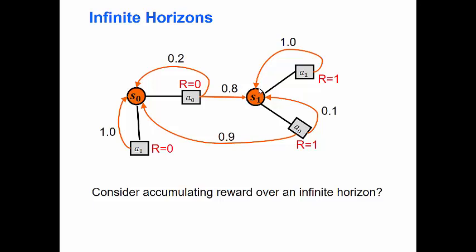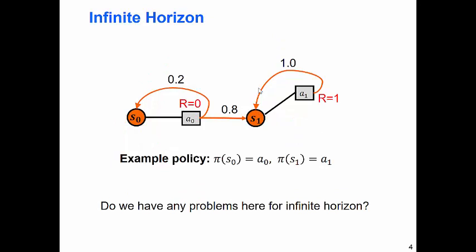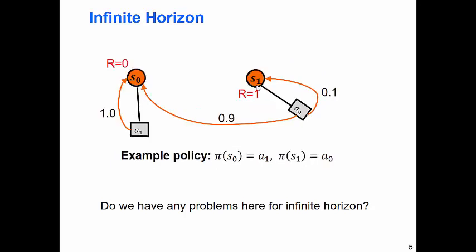And that doesn't seem very good, because this is a tiny MDP and we're already seeing that things are breaking down. This is an example of a policy that has an infinite value, right? In both of these states, because if you take A0, eventually, in state 0, you're going to reach S1, and then you're going to have infinite value. That's no good.